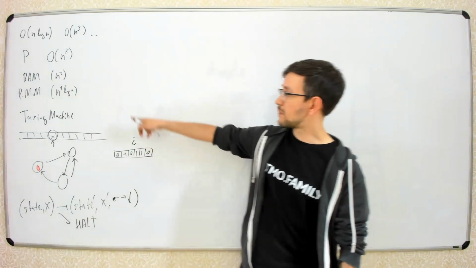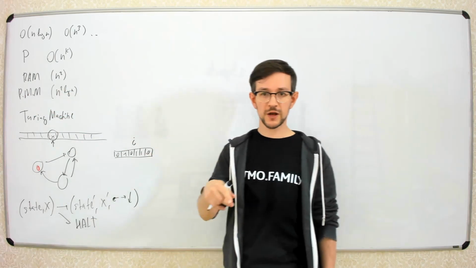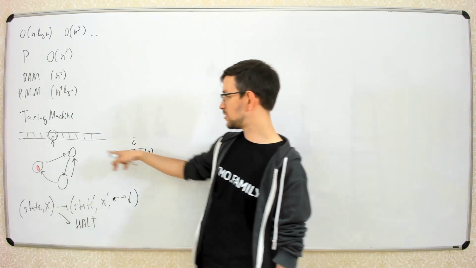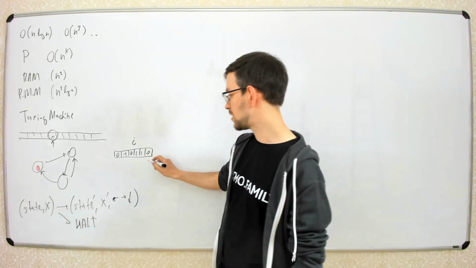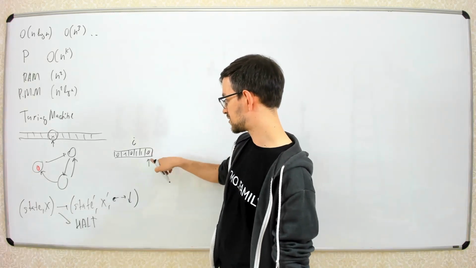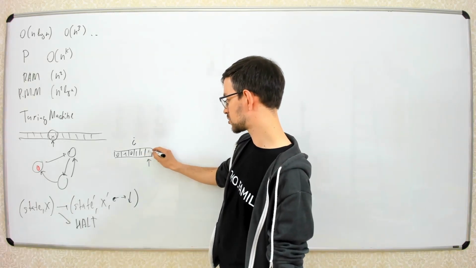And if in the RAM model you do +1, then in the Turing machine you actually need to perform this +1 in binary. So you go here, find this 0, change this 0 to 1, and so on.